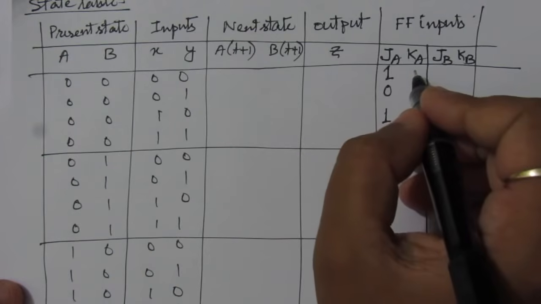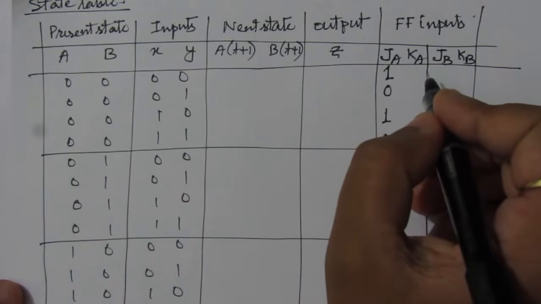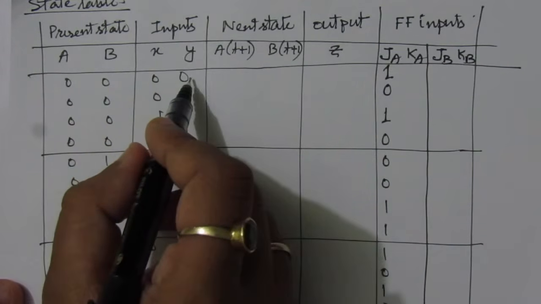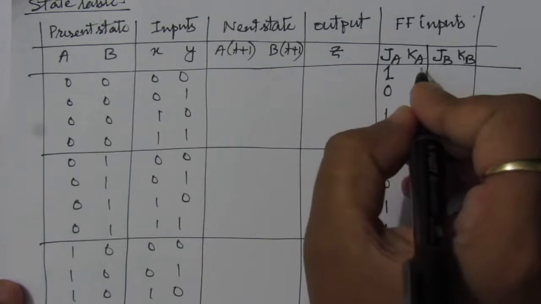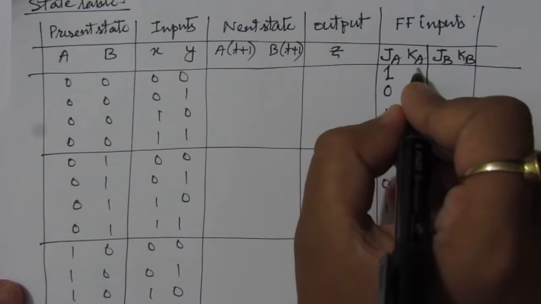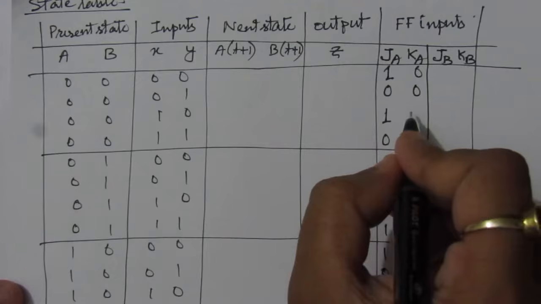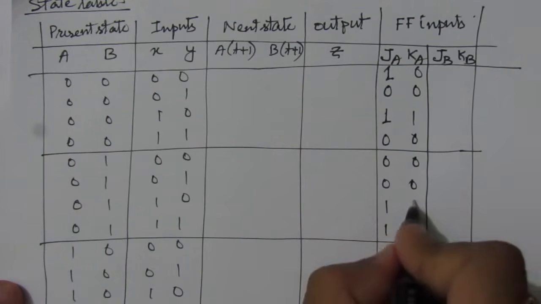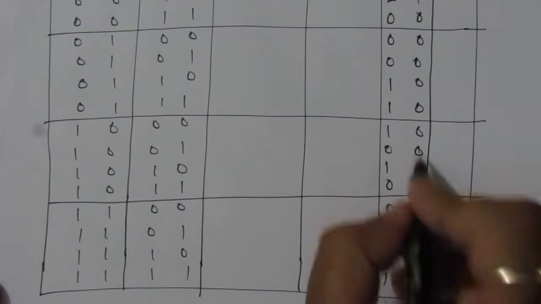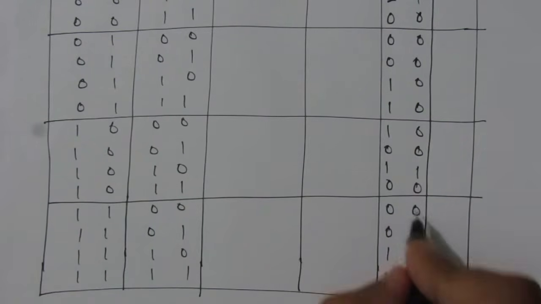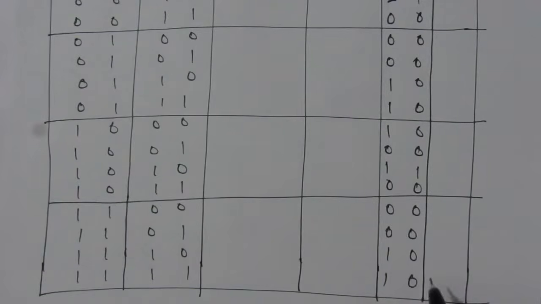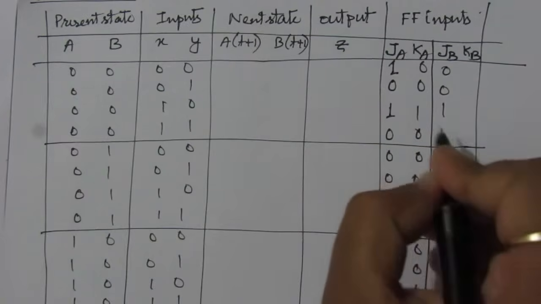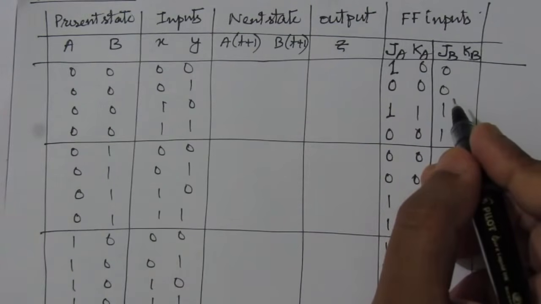For finding KA, we have B bar X Y bar. B bar is 1, X is 0, Y bar, so it will be 0. In this way you have to find KA. So we'll have 0, 0, 1, 0, then 0, 0, 0, 0, 0, 0, 1, 0, 0, 0, 0, 0. Similarly, the JB values will be 0, 0, 1, 1. These values I have just found using the given equation.